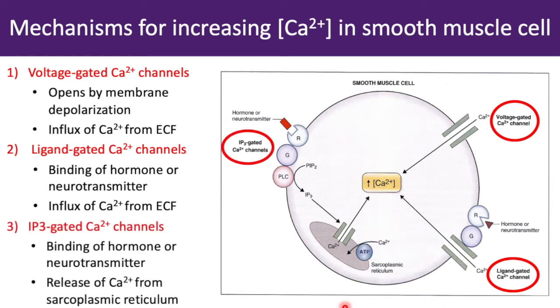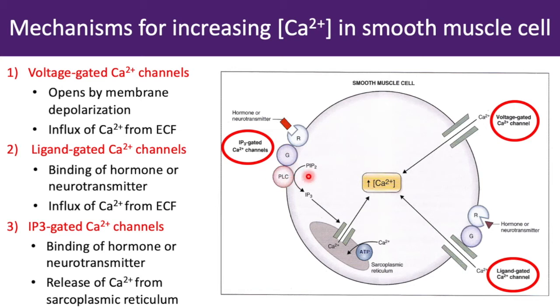Another type of channel that is also activated by hormone or neurotransmitter is the IP3-gated calcium channel. IP3 is inositol triphosphate. Hormones or neurotransmitters interact with the receptor. For example, norepinephrine, which is a hormone, will bind to the alpha-1 receptor. These receptors are coupled to phospholipase via G protein.